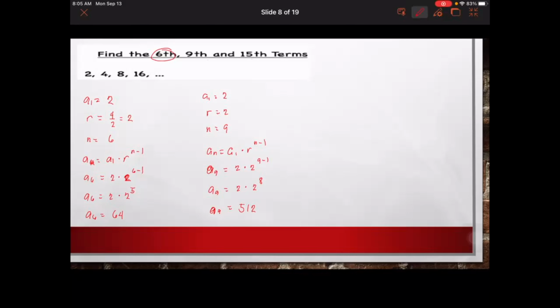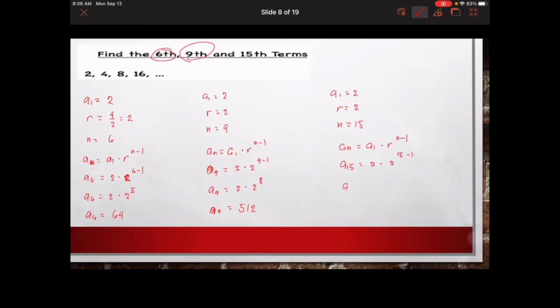The next is we have here the 15th term. So we're done here. Let's go now with the 15th term. So a sub 1 is also 2, r is also 2, n now is 15. So we have a sub n is equal to a sub 1 times r raised to n minus 1. So this will be a sub 15 is equal to 2 times 2, then 15 minus 1.